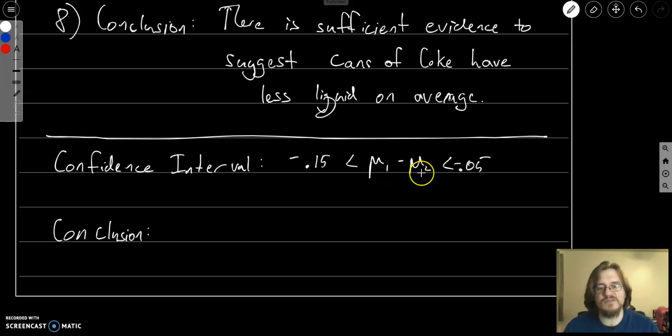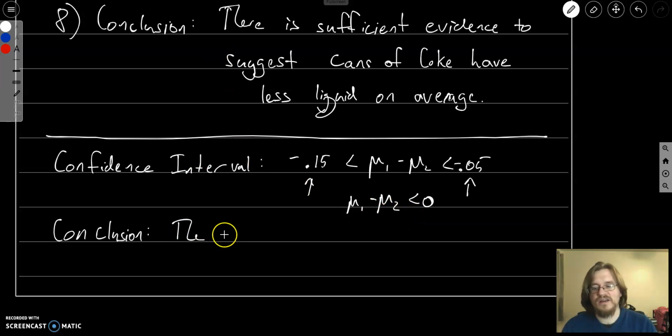Well, mu1 minus mu2, we are confident that it's always going to be a negative number, since it's between 2 negative numbers. So if mu1 minus mu2 is always going to be negative, that means that mu1 is less than mu2. So the average Coke in a can is going to be less than the average Pepsi in a can. And we draw the same conclusion as we did before.